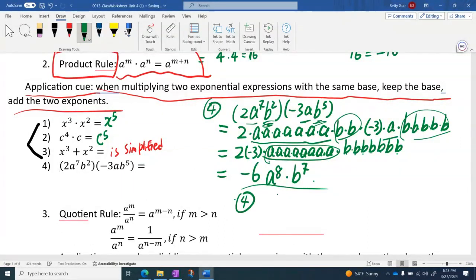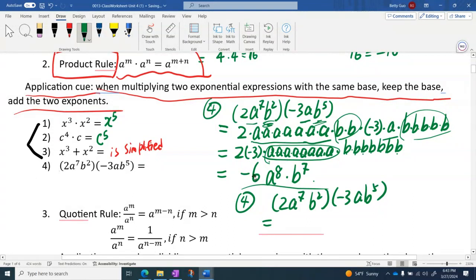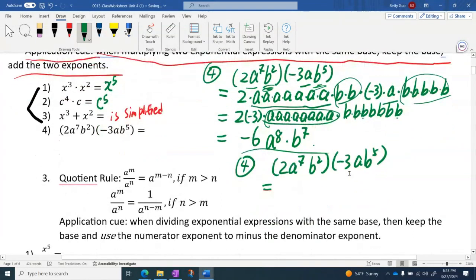So number 4, we have 2a^7b^2 times -3ab^5. So same as earlier, we still need to see clearly and correctly the structure. What is the structure of this expression? This expression is just one multiplication with many factors.